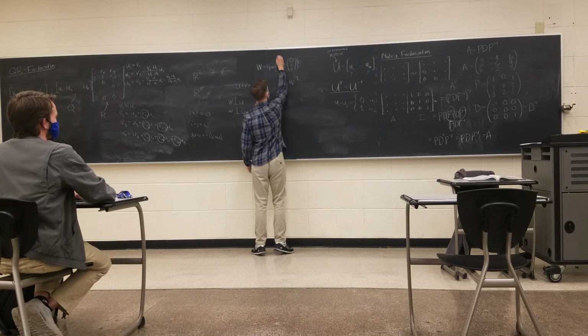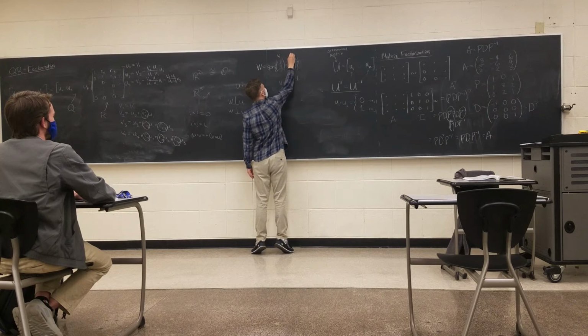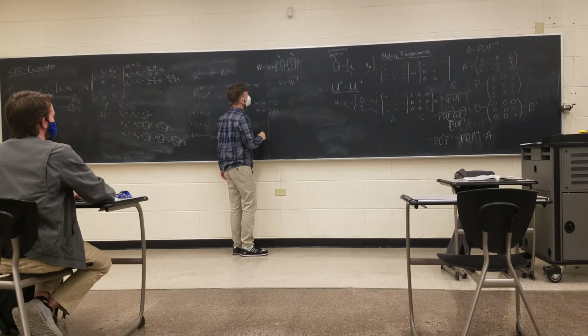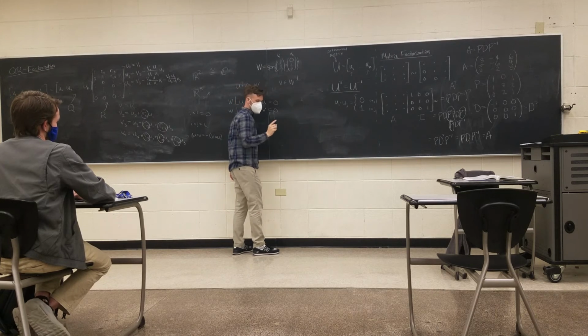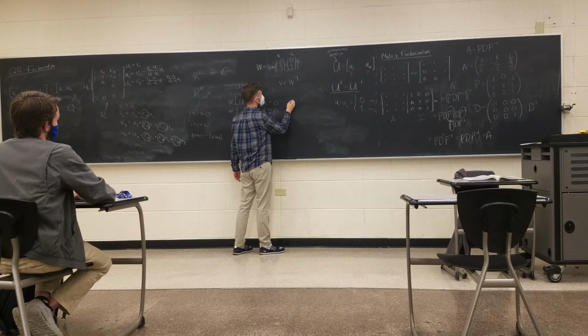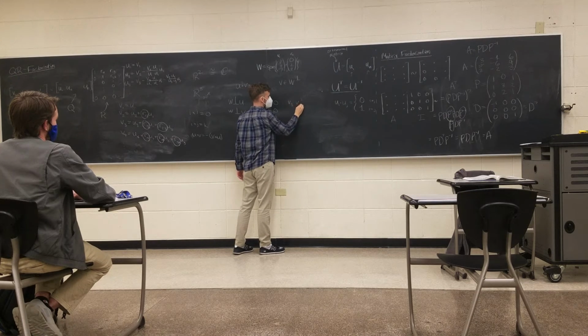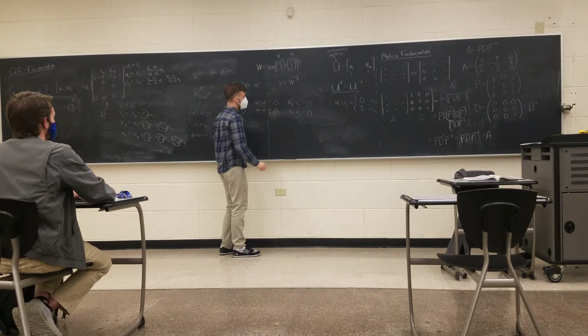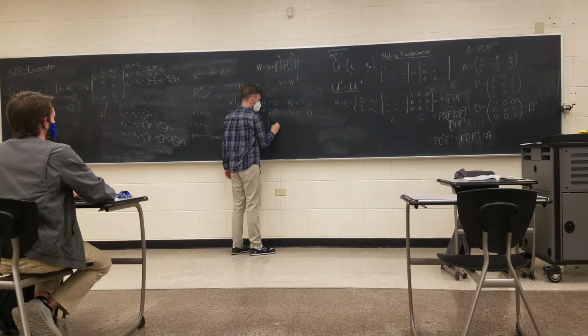Let me call this one V1, and this one's V2. I believe I saw you do that on your. Okay. So what are we looking for? We're looking for something, say V3, such that V3 dot V1 is equal to 0, and V3 dot V2 is equal to 0. So I want to find V3.